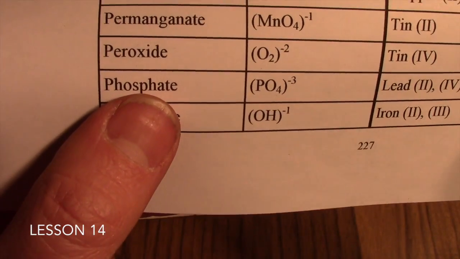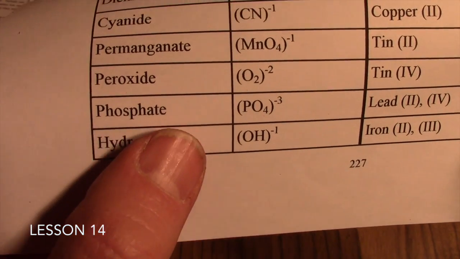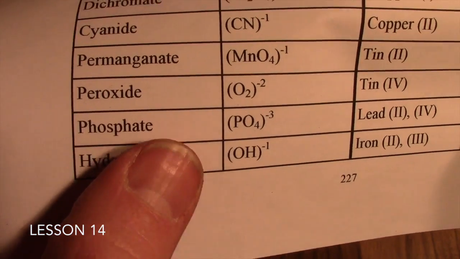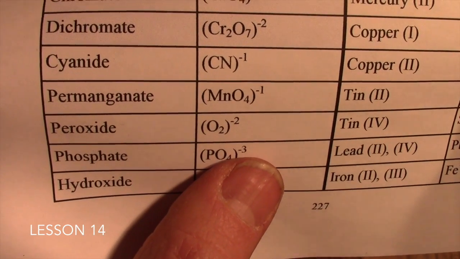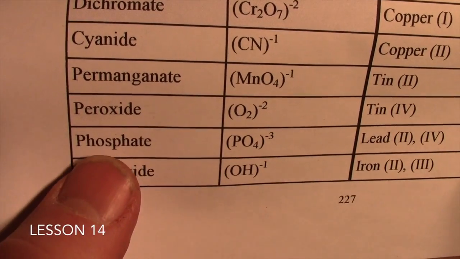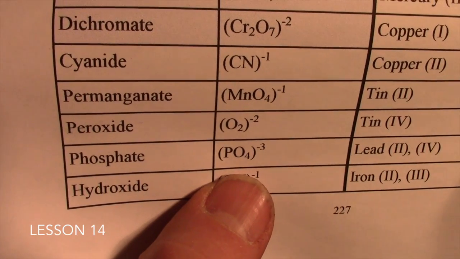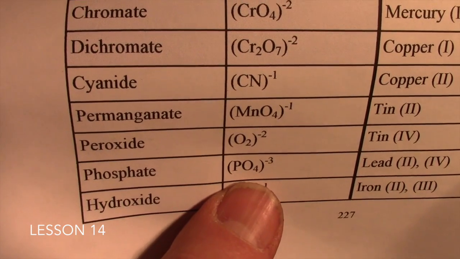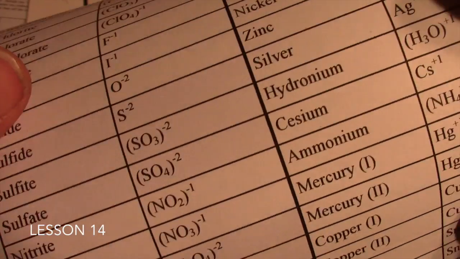How about phosphate here? The phos indicates phosphorus, the ate indicates oxygen: PO4 -3. Phosphate is the only -3 anion that we're going to have in the course. Phosphate is the only -3 one on the whole list.